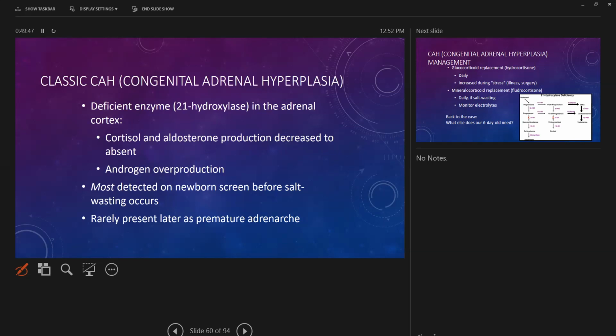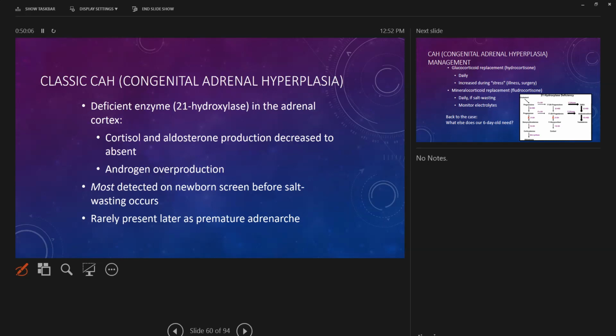Cortisol and aldosterone production decreases and or is absent, and androgen production is super increased. So you just may want to make like a little graph on this particular point with the congenital adrenal hyperplasia and just say, okay, lots of androgens, right?